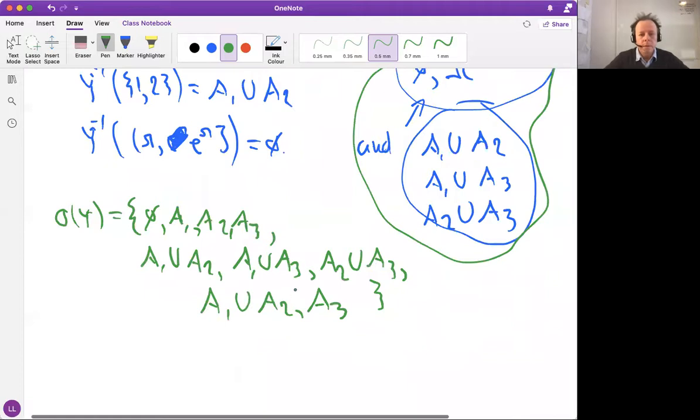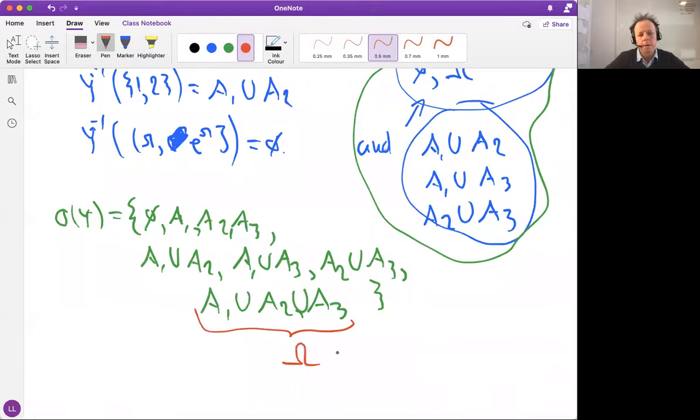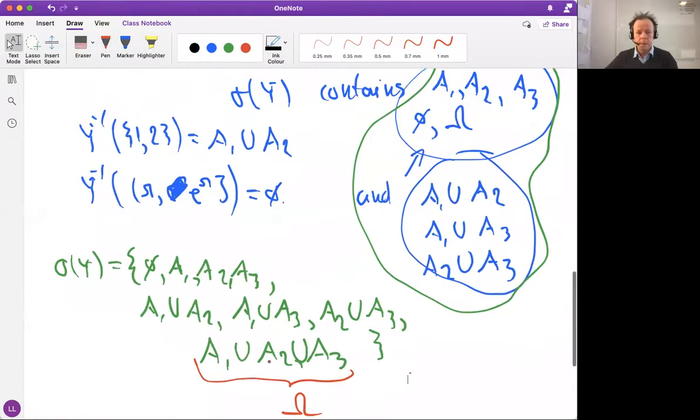We note that this full union is the full set omega. It has 8 members, and these 3 sets here are sometimes called the atoms of the sigma algebra, because we can represent everything as the unions of these.